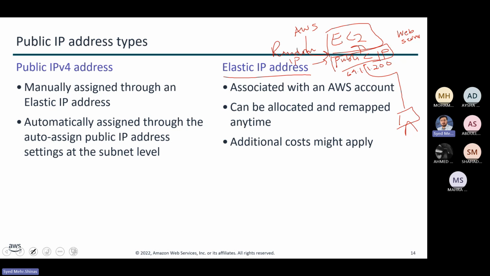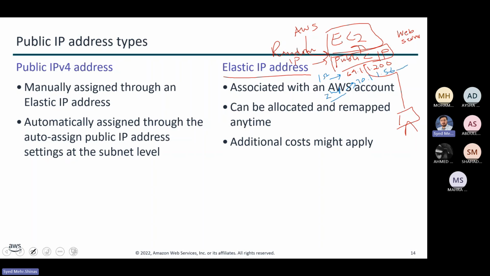Once you create the EC2 instance, it gets this IP. But once you restart the instance, the second time it might get, let's suppose, 70.1.1.56. See here, the second time it gets this IP.